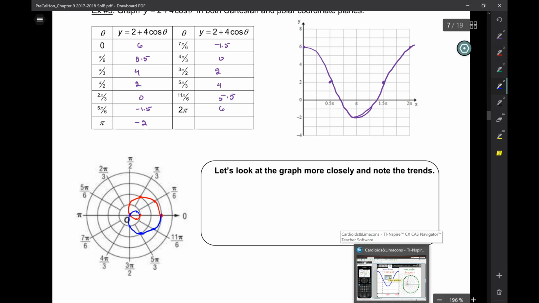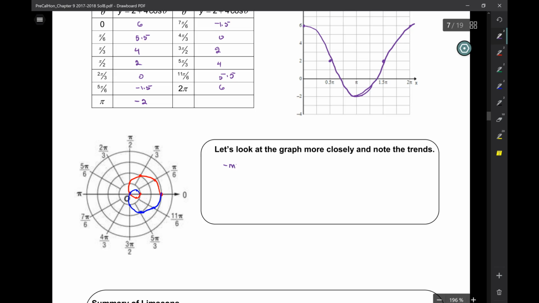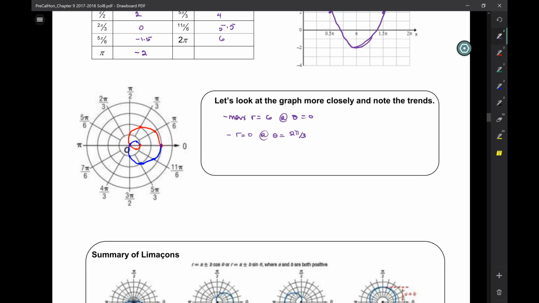So basically some trends here. There is a maximum radius of 6 at theta equals 0, right? And then r is 0 at what? Theta equals 2 pi over 3. Then the radius continues to decrease and is negative, right?